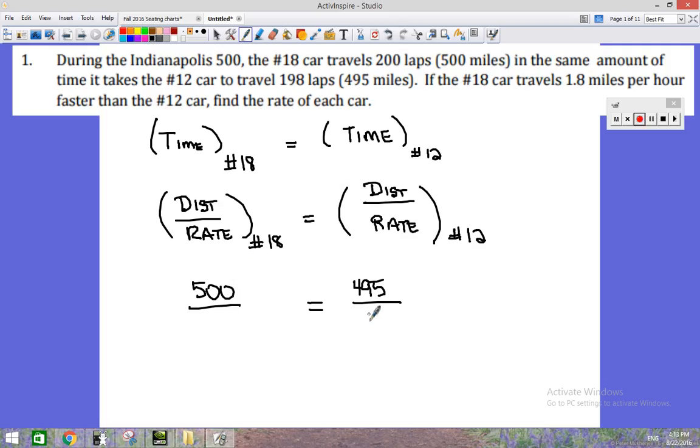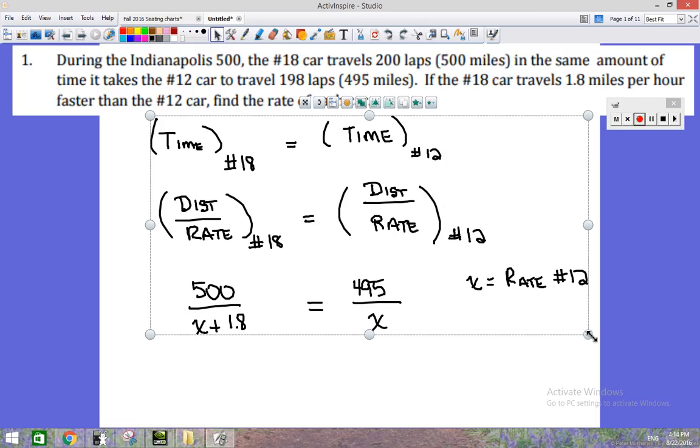So if we let x be the rate of car number 12, car number 18 was faster, so we have to add, and it tells us that it was 1.8 miles per hour faster. So now we have one equation and one unknown, and we can solve for this.